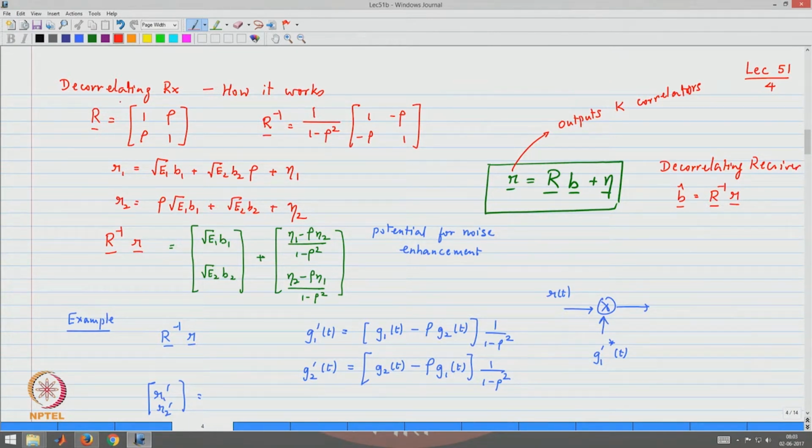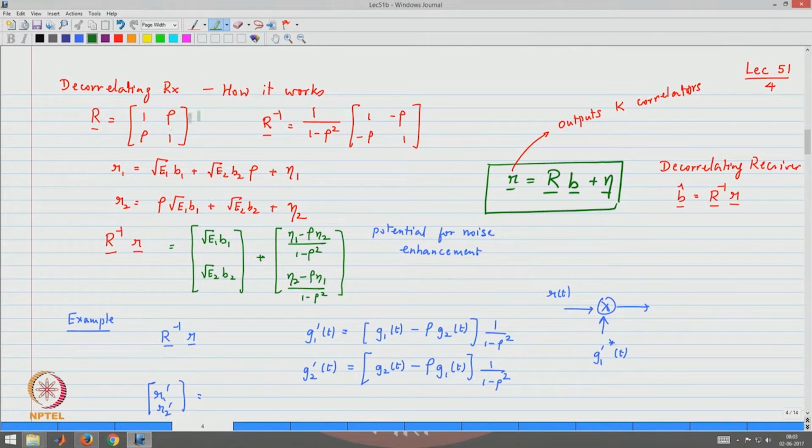Now just as at the close of the last lecture, we mentioned that it is good for us to understand why a decorrelating receiver works and what the underlying mechanism is. So if you were to write down the expression just for a 2 by 2 case, it is easy for us to visualize. We see that the R matrix can be written in terms of the correlation between the two spreading waveforms.